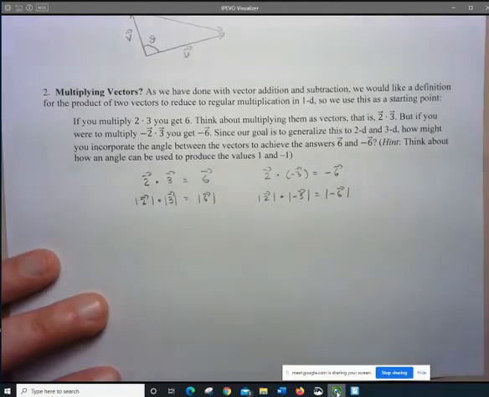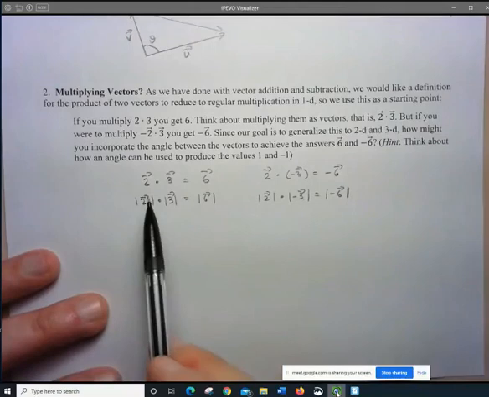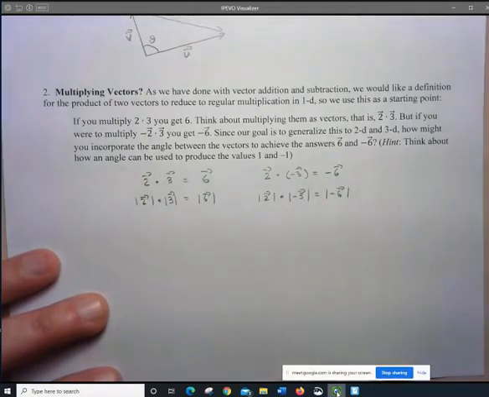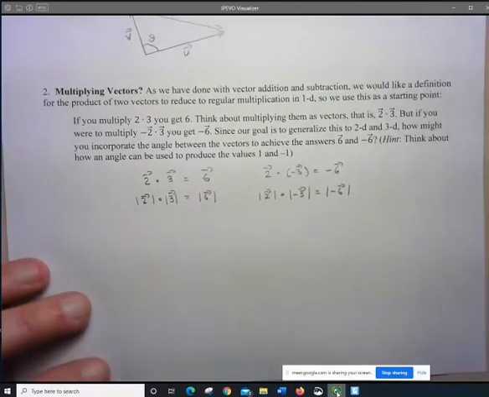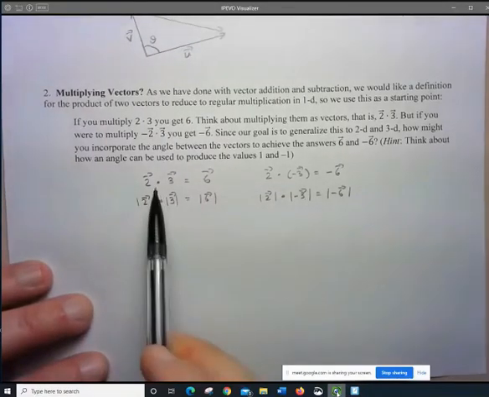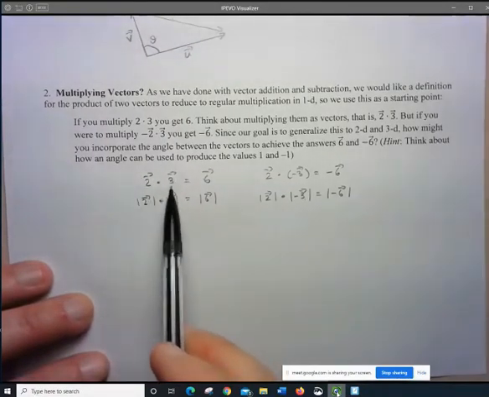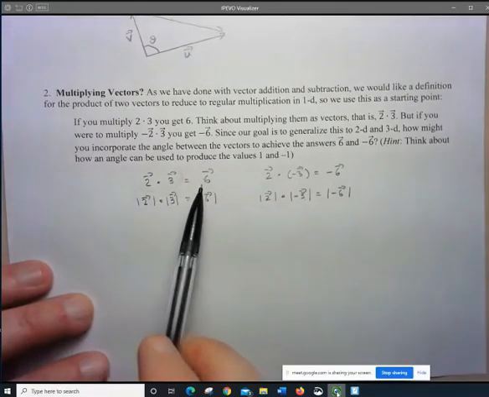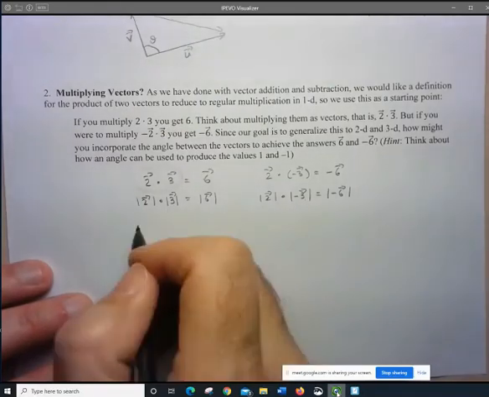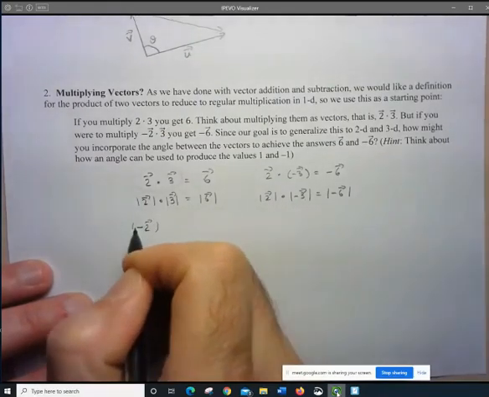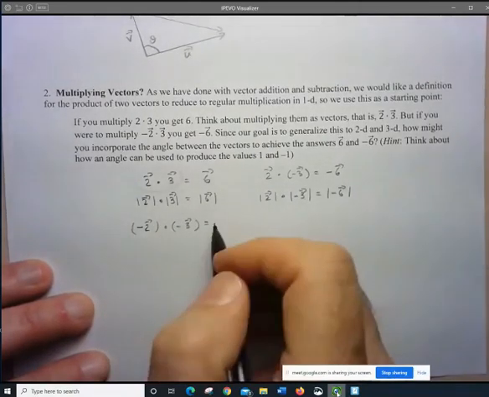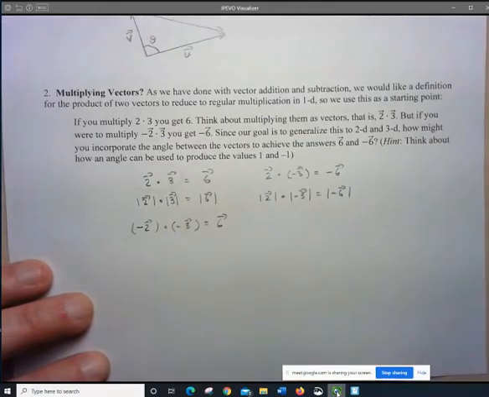Okay, so the question is, how could I use angles to produce this idea of positive and negative? What I need is for when the angle between them is 0, it needs to produce a positive quantity. Because even if I multiply vector -2 times vector -3, I'm still supposed to be getting vector 6.